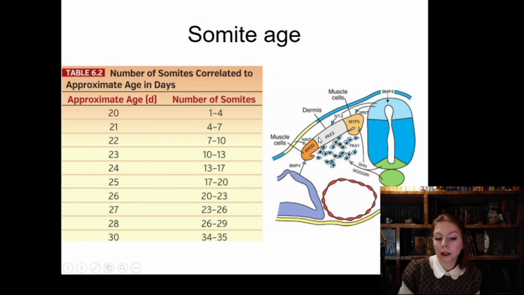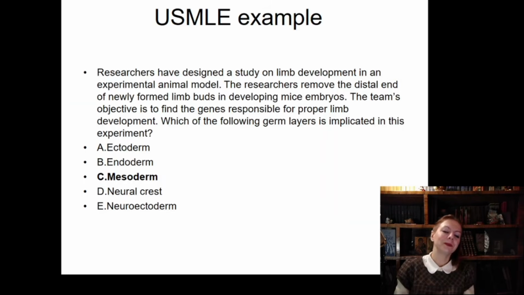As you can see, the dermatome is specified by a special factor, PAX3. Then PAX1 specifies the sclerotome, and some factors also are responsible for the myotome specification. It is not very important, so I'm not going to ask you about this during the practical lessons, only in case it is interesting.